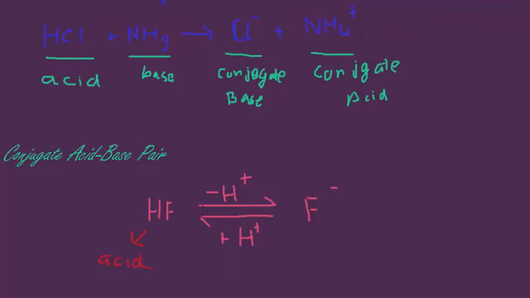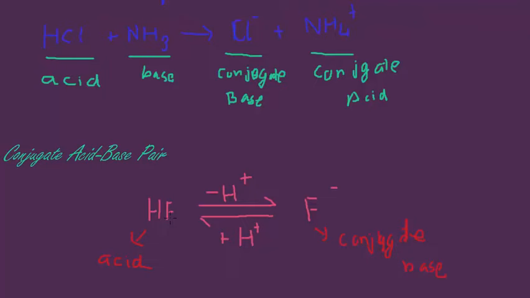And when the acid donates a proton, it forms its conjugate base. So when the acid donates a proton, it forms a base, and that base is called a conjugate base. And if this was the base that we took and the reaction went like this, we'd say this is a base and this is the conjugate acid.